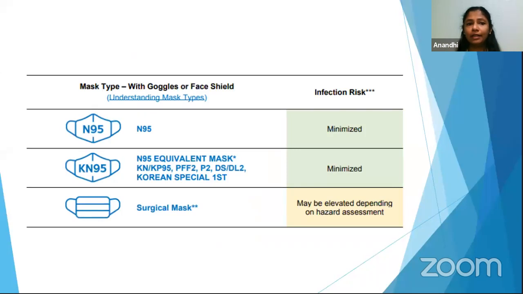So for the mask, there are the N95 mask, the KN95 mask, and the surgical mask. Wherever you create aerosol, we recommend the N95 and KN95 masks, whichever is available. They both are very good, and a nice fit can be achieved.